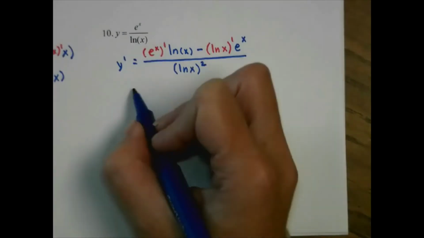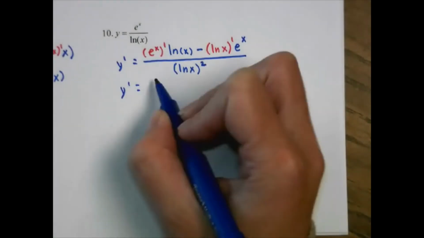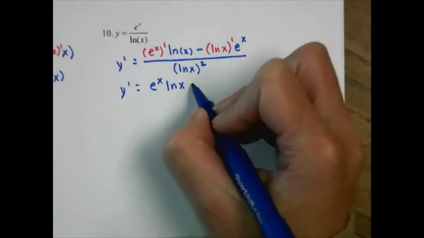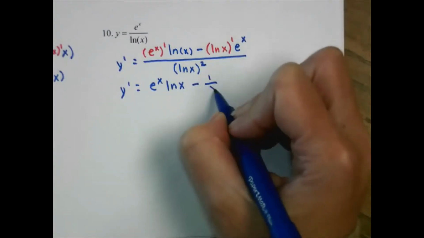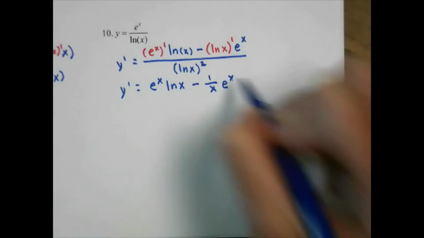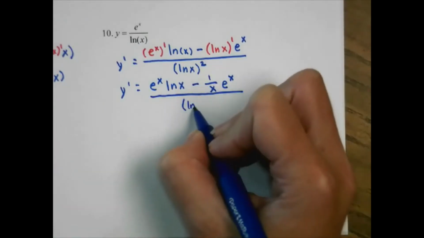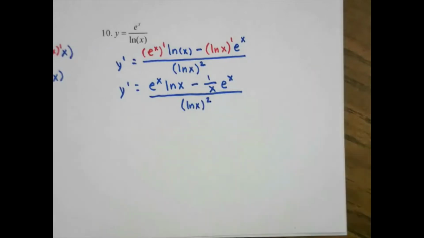So the derivative of e to the x is, again, e to the x, natural log x. Derivative of natural log is 1 over x times e to the x. All of that over natural log of x squared.